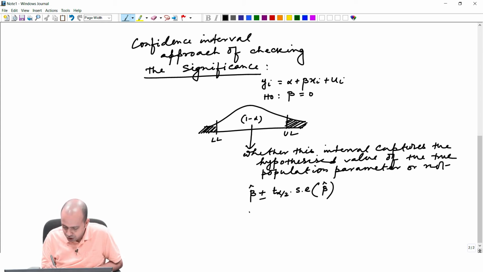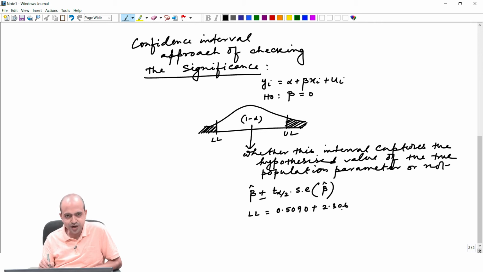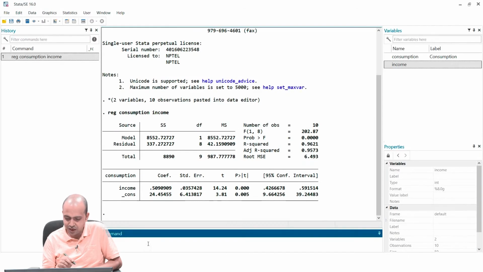So, the lower limit of the interval equals 0.5090 minus, what is t alpha by 2? 2.306, and what is the standard error of beta hat? That is basically 0.0357. If you do that, then you will get the lower limit of the interval, and that is actually given by Stata.